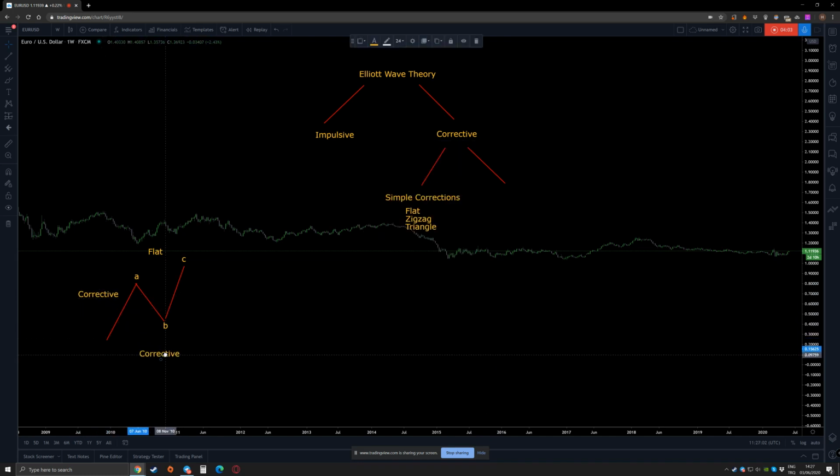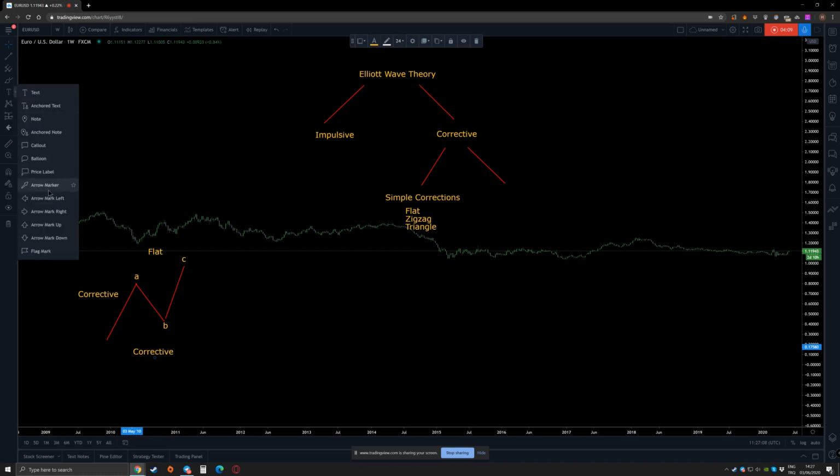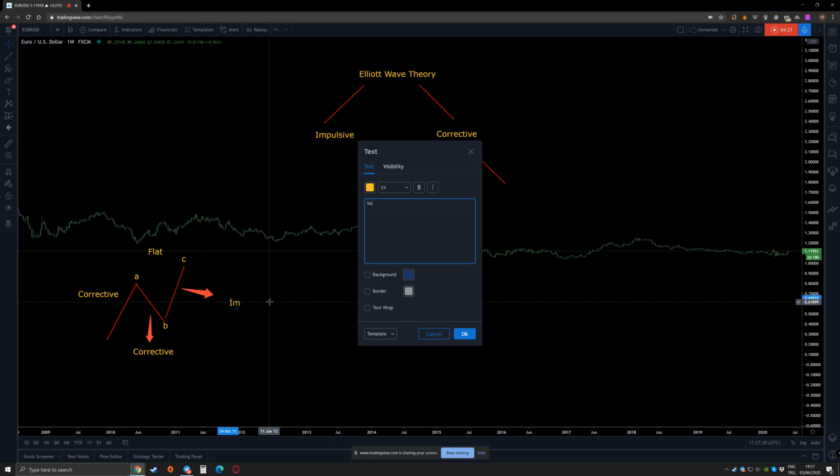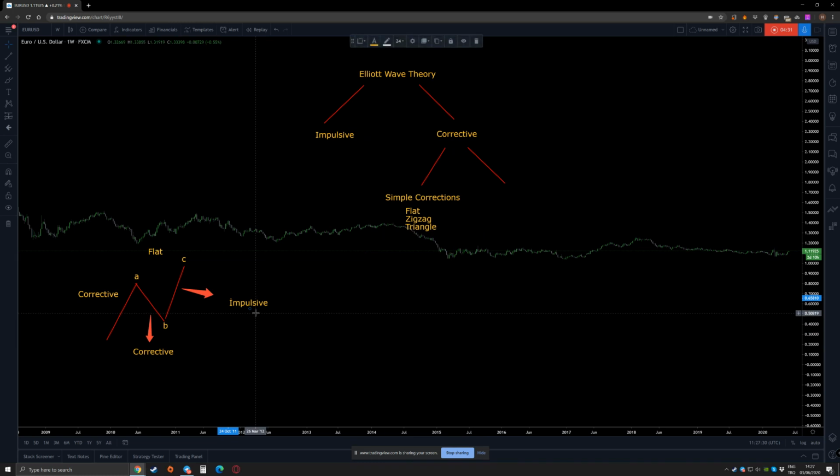We also have a B wave, and that B wave has to be corrective as well. Now, the C wave of a flat has to be impulsive. It's very important.